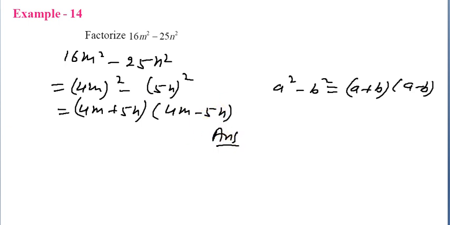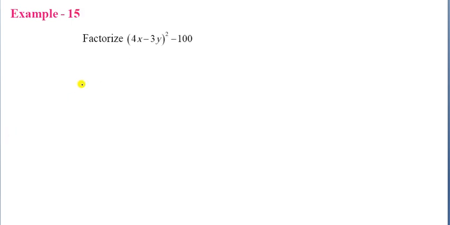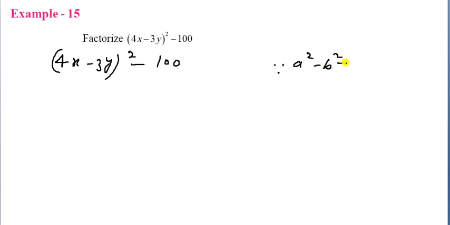Let us see the next question. Example 15. We have to write here 4x minus 3y whole square minus 100. We can use the property a square minus b square is equal to a plus b and a minus b. Let us see how to do this.